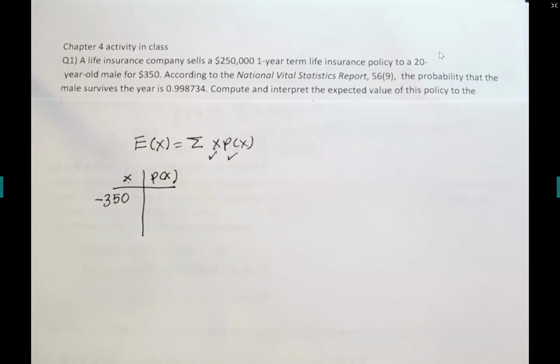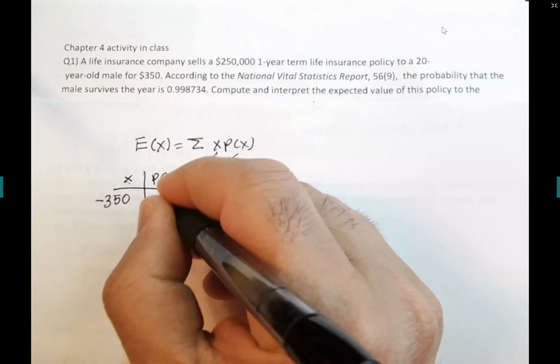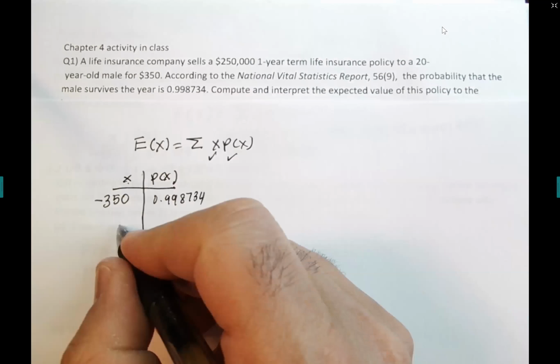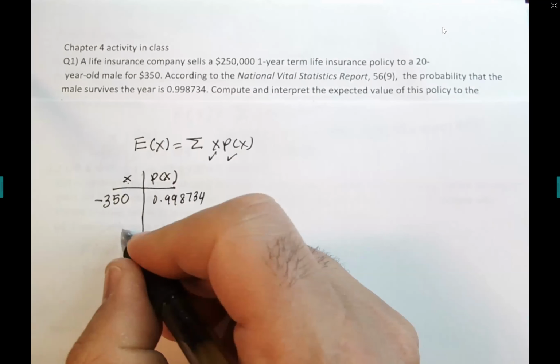So what is the probability that the person will survive? It's given. Do you guys agree it's 0.998734? So you just put 0.998734.